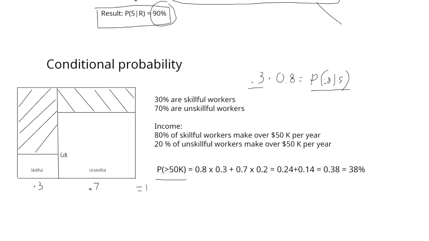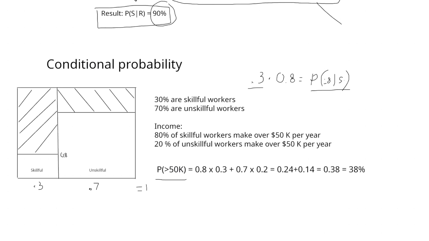This is called conditional probability. And please remember that all conditional probabilities can be expressed in terms of the area of the total square or rectangle. So the total rectangle for skillful is 0.3 times 1, but with the condition that it's only 80%, it becomes 0.3 times 0.8. So this is the area.